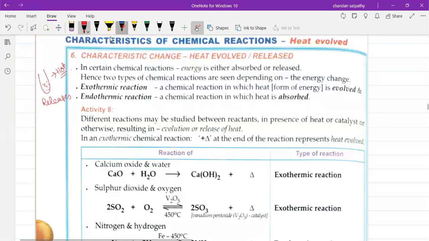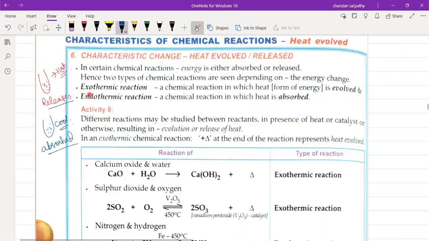But if outside it is cool, the test tube has become cool after the reaction, then we can say that the heat energy is absorbed. Remember, if the test tube is hot, then heat energy is released. If the test tube is cool, then heat energy is absorbed.